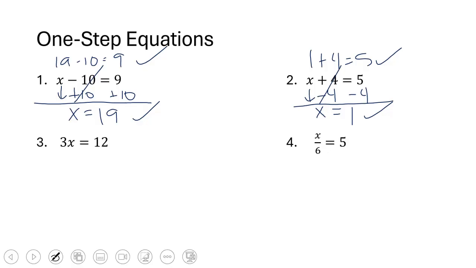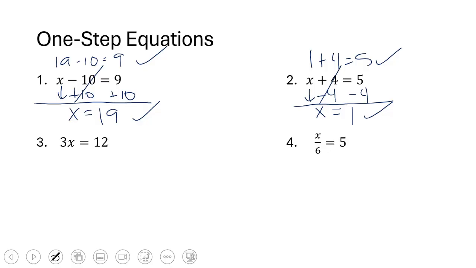All right, number three. I have the X on that left side again. My number in front of it, that 3, is in the way. I need to get X by itself. Well, there's no plus or minus sign, but when you have a number and a letter next to each other, that just means multiplication. So 3x, they're connected through multiplication.